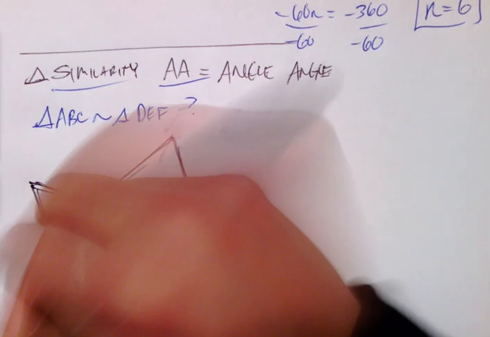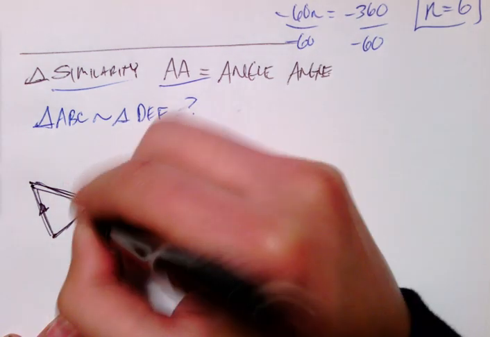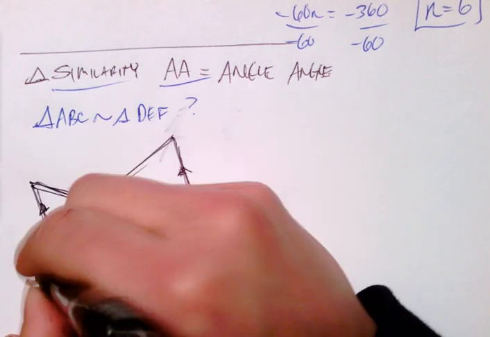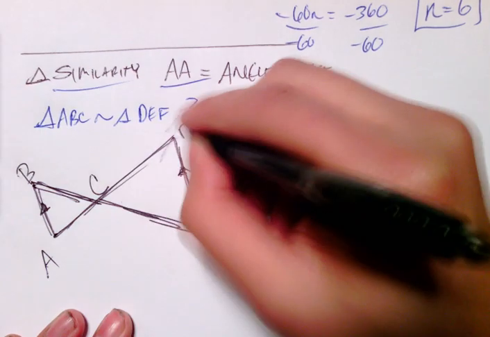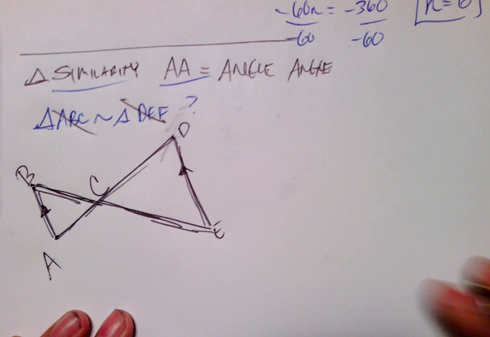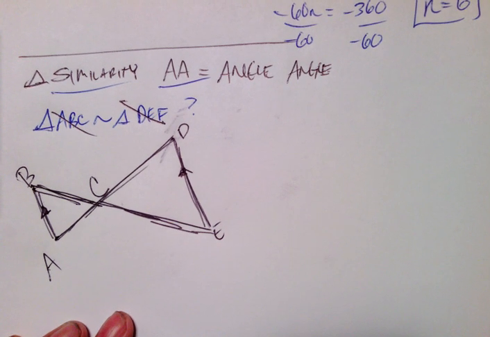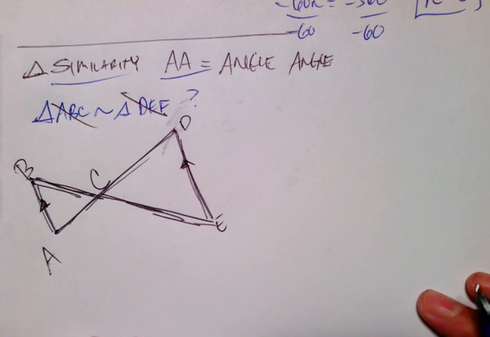I might get the letters wrong, so I might have to change that. I'm going to rewrite it. So, are those triangles similar? If we can find two angles that are equal to each other, then they're similar. Here's what you would do.